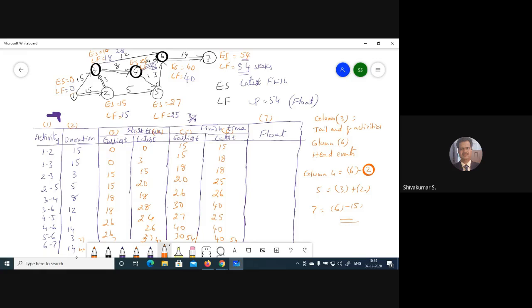Okay, so the float value. I told you, 6 minus 5, 0. 3. 0. 8 minus 3, no? 3. Next, 5.